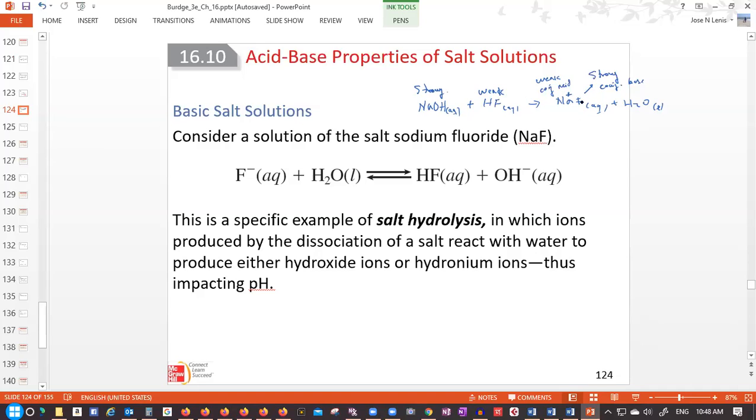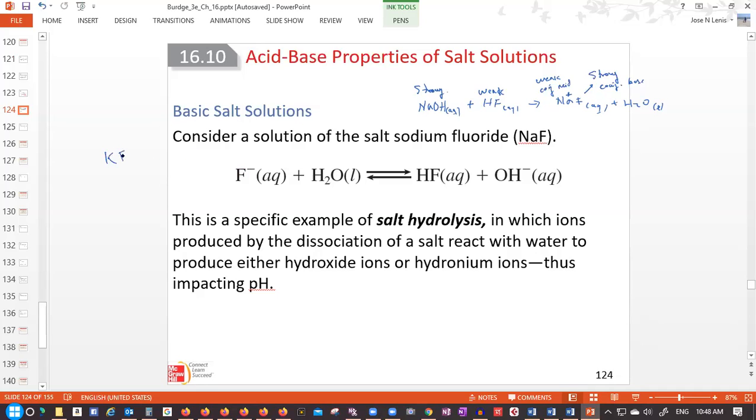So it's going to be a secondary reaction. So F minus, wherever the source, comes from a weak acid. So F minus is a very strong conjugate base.